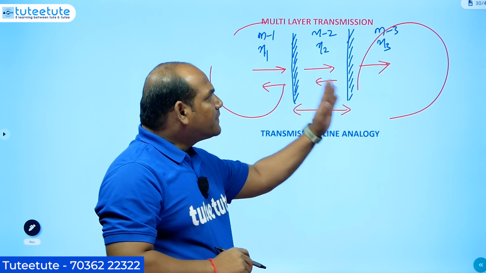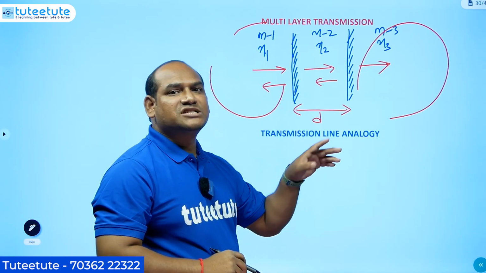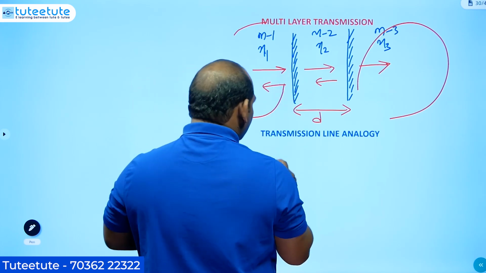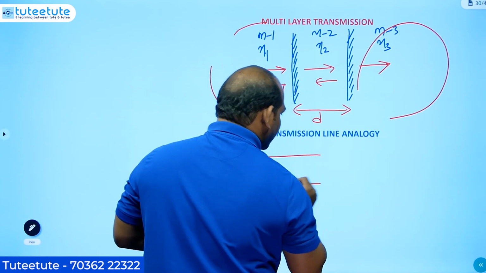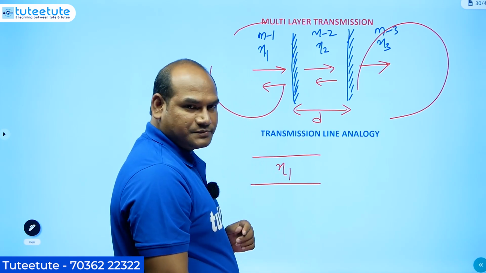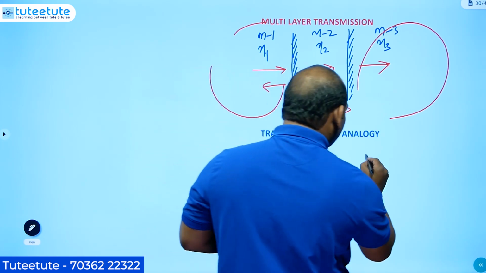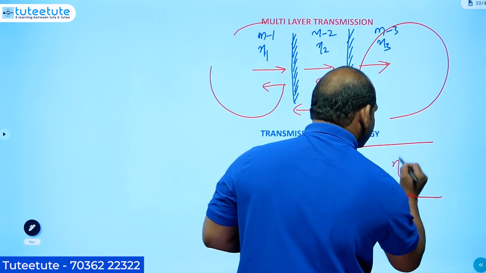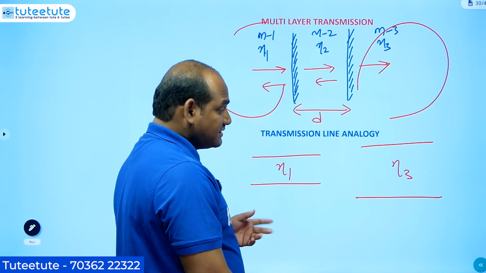So we can compare these three media with transmission line analysis. First, medium 1 I am taking as one transmission line having characteristic impedance eta 1. And medium 3 is another transmission line having characteristic impedance eta 3.